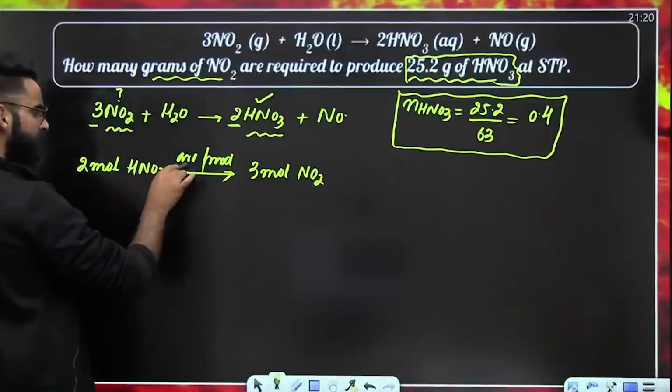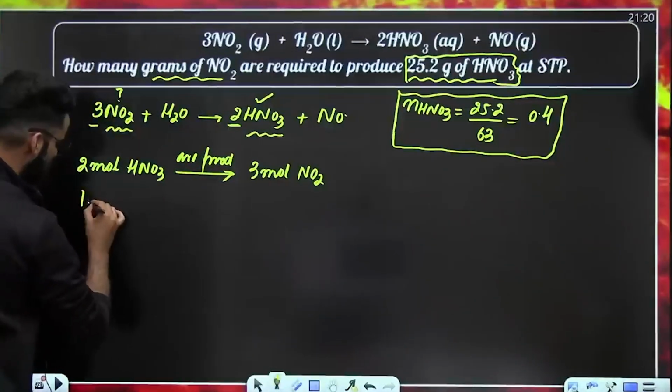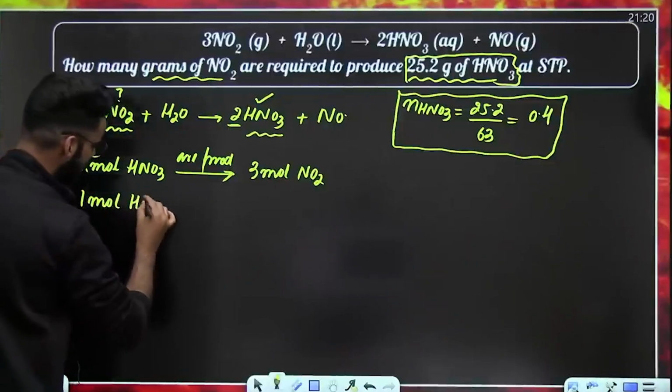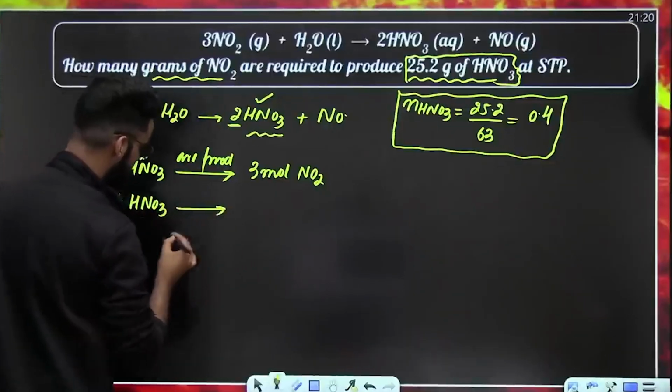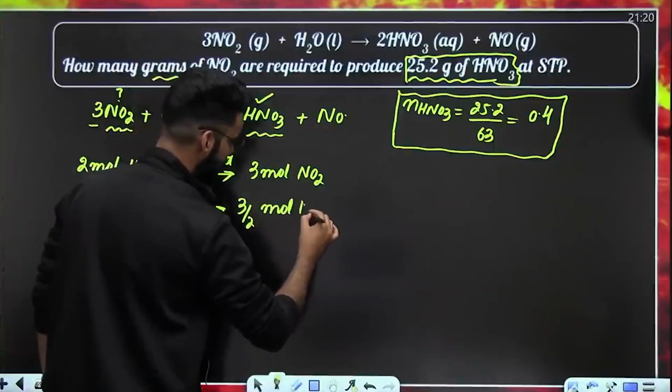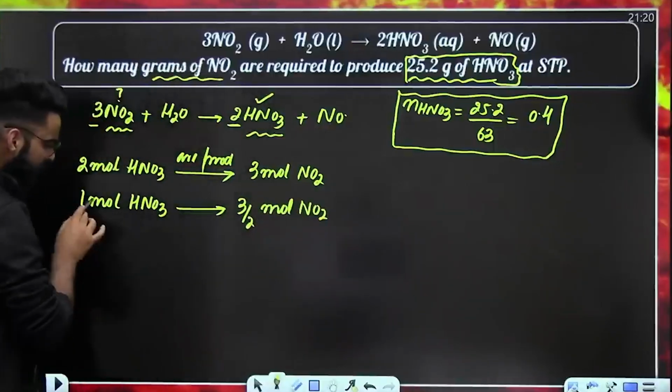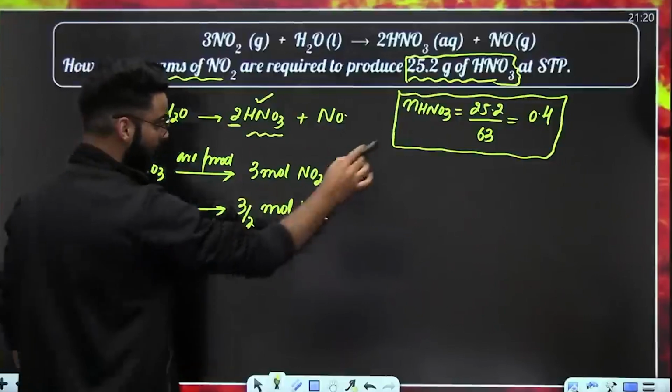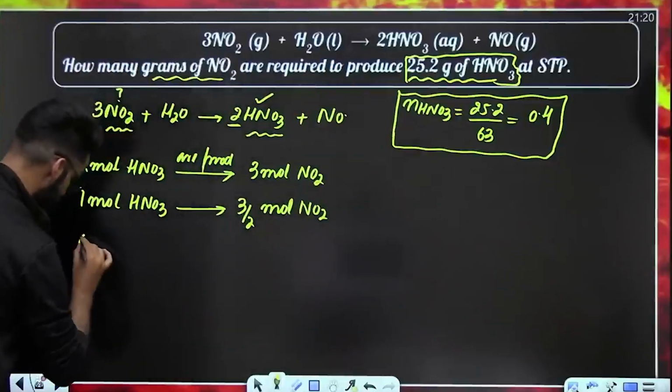If 2 moles of HNO3 are produced from 3 moles of NO2, 1 mole of HNO3 is produced from 3/2 moles of NO2. But do we need to produce only 1 mole of HNO3? No. We need to produce 0.4 moles of HNO3.